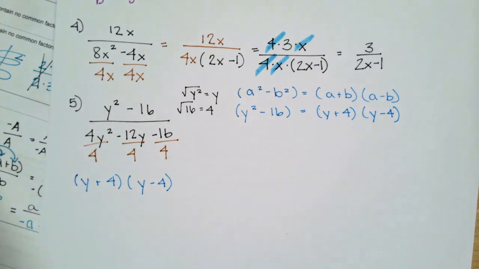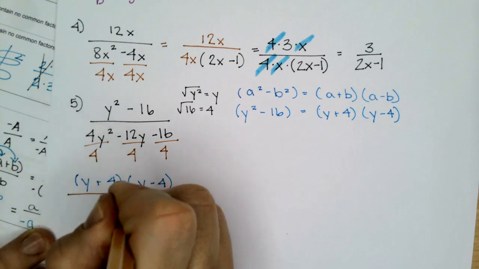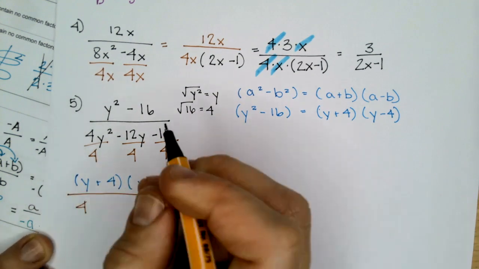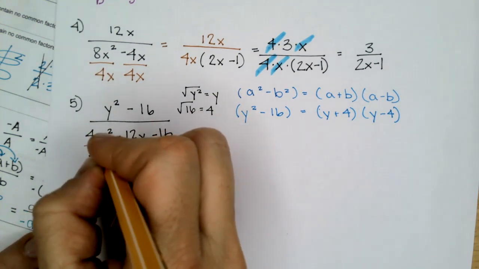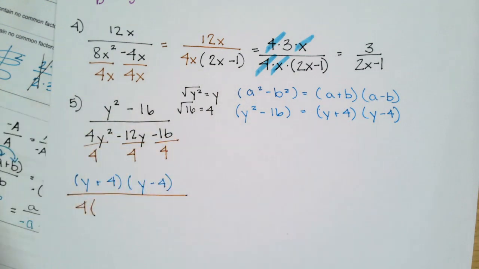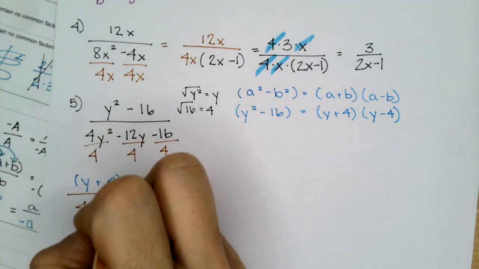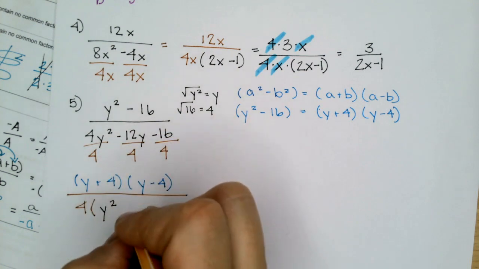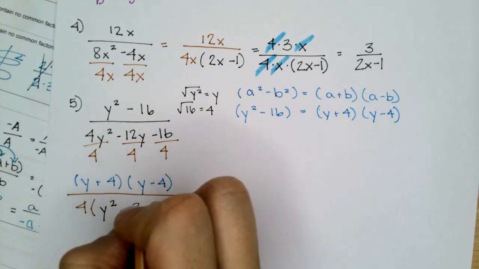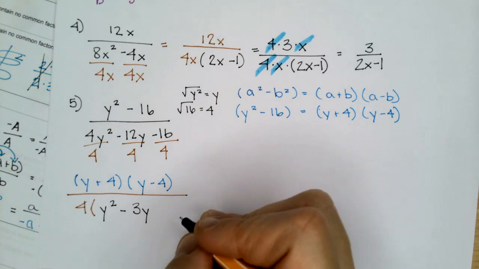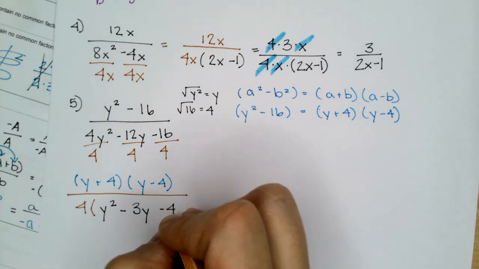On the bottom, I'm going to factor out a 4. 4y squared divided by 4 gives me the y squared. Negative 12y divided by 4 gives me a negative 3y. Negative 16 divided by 4 is a negative 4.